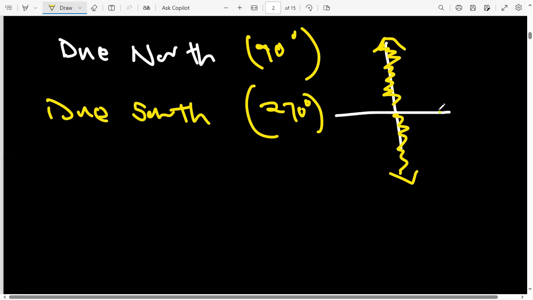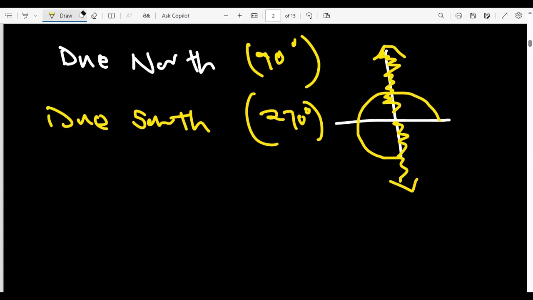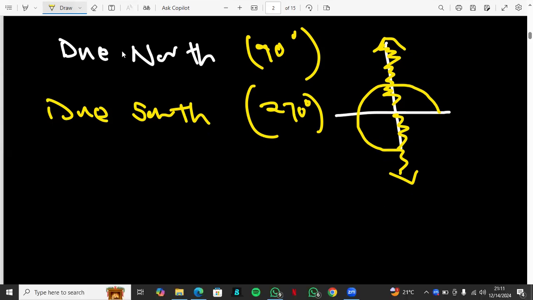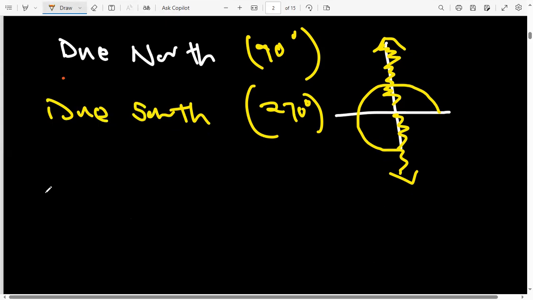If I start from this positive x-axis all the way to here, you realize that the angle I'm getting there is 270 degrees. So whenever you hear due north, 90 degrees. Whenever you hear due south, just know that it's 270 degrees. Then let's look at the other dues. So we have due east.